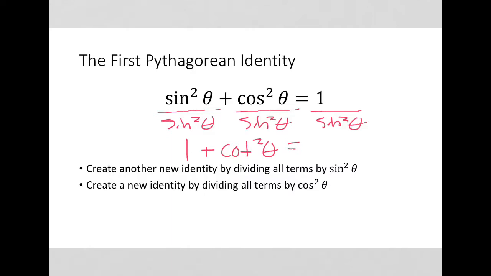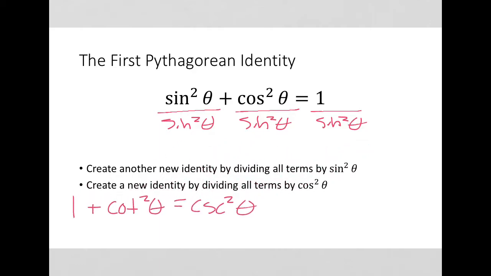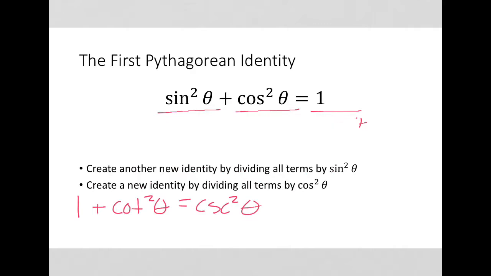Well, that is the reciprocal of sine squared theta, and we know the reciprocal of sine is cosecant, so we get cosecant squared theta. So, from the first Pythagorean identity, we very quickly and painlessly came up with a second Pythagorean identity, which is just as useful as the first.